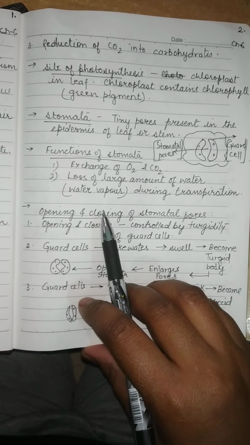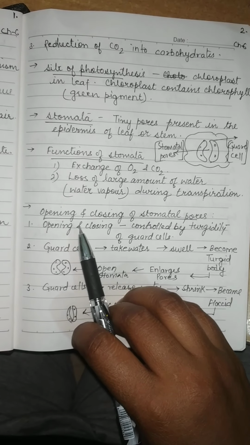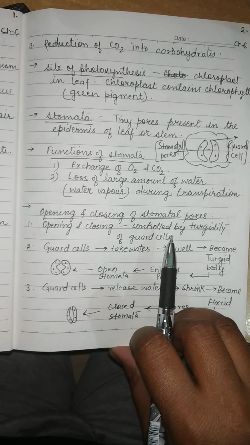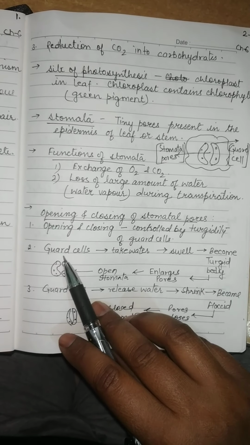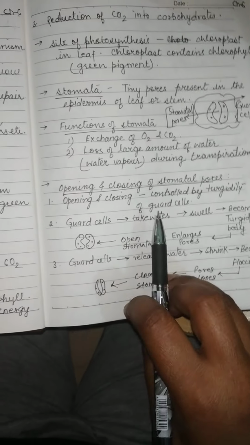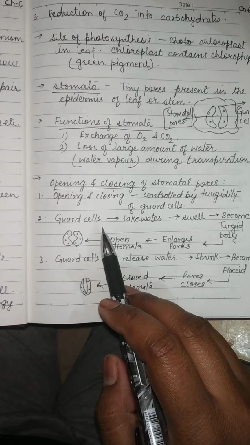Now, the opening and closing of the stomatal pores. Opening and closing are controlled by the turgidity of the guard cells. You can see this flow diagram, so you are able to understand how they open or close.